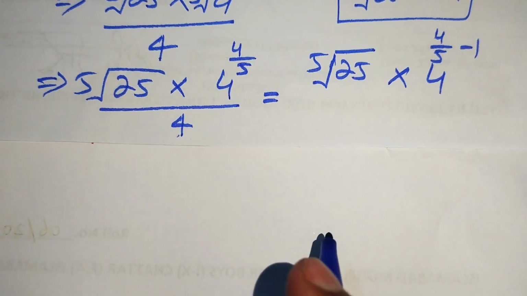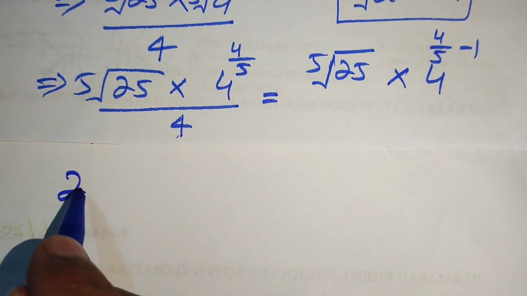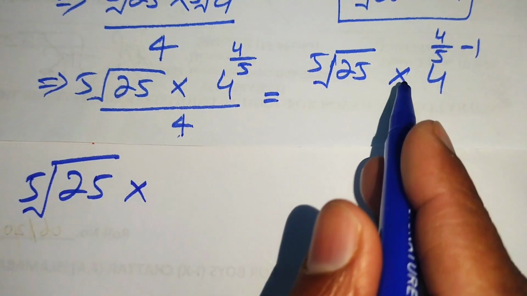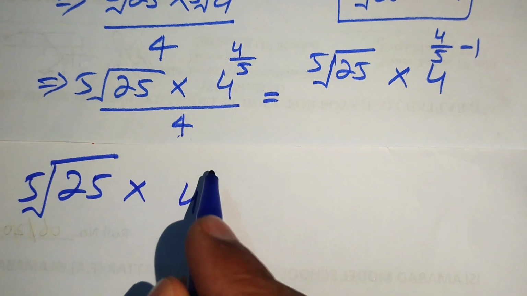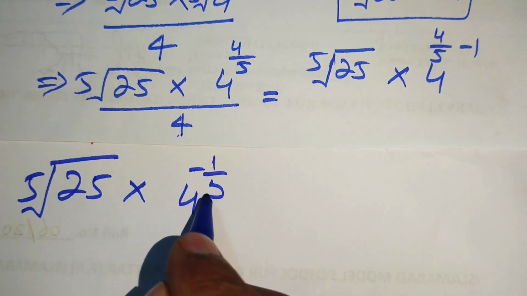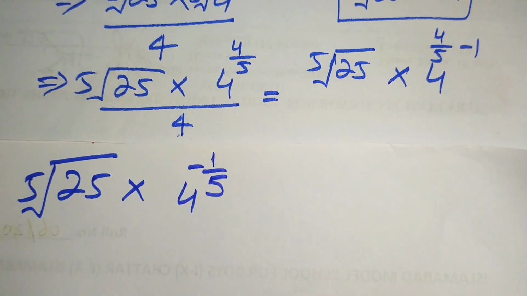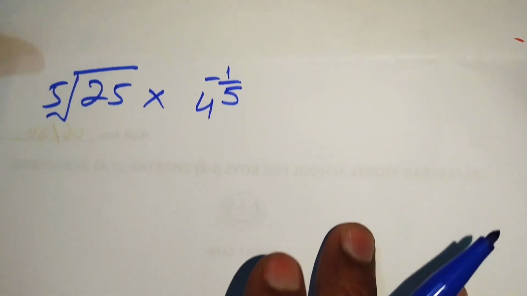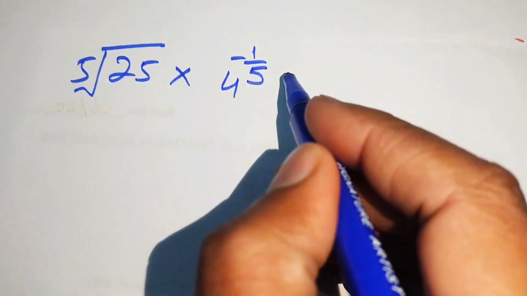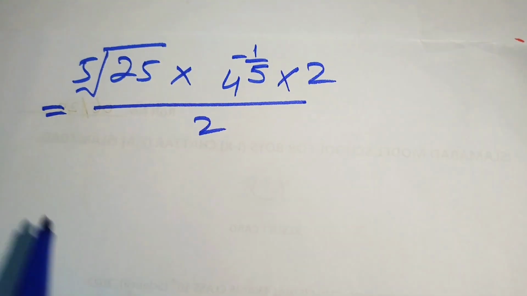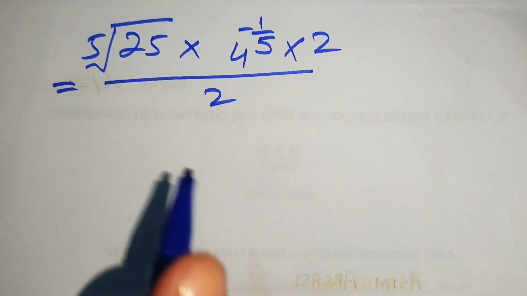And now after that we have the fifth root of 25 multiplied by 4 to the power of minus 1 over 5. When you take the LCM of this term, you get minus 1 over 5. And now in the next step, we need to multiply and divide this term by 2 in order to write our simplified form.